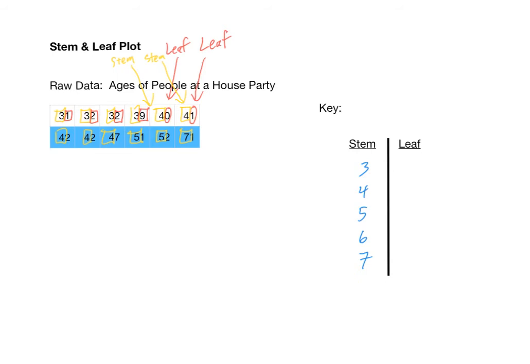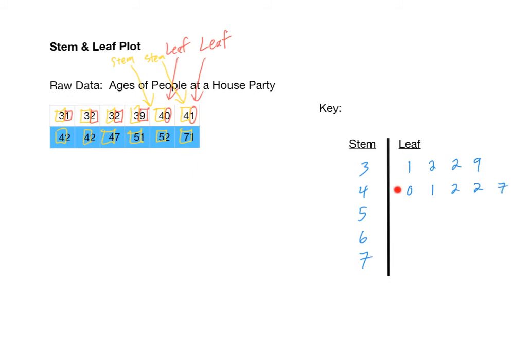So we got a leaf of 1, a leaf of 2, a leaf of 2 again, and a leaf of 9. And then the leaves that go with a stem of 4 are 0 because there was a 40-year-old, a 1 because there was a 41-year-old, two 2s because there were two 42-year-olds, and then a 7 because there was a 47-year-old.